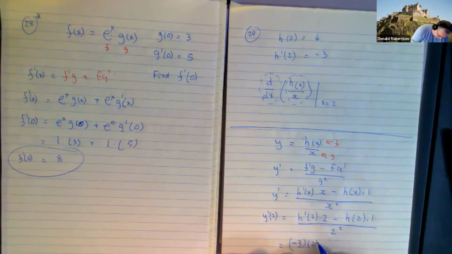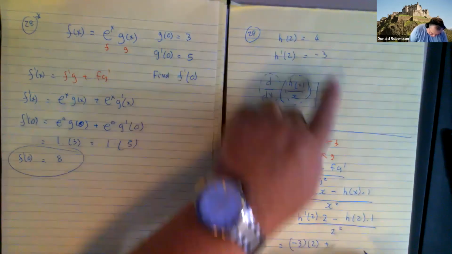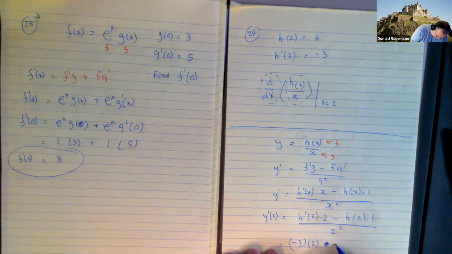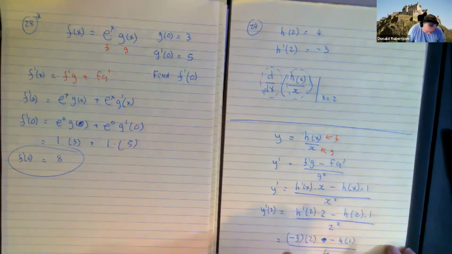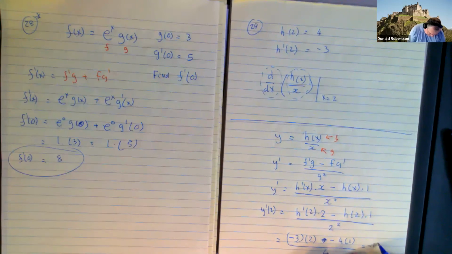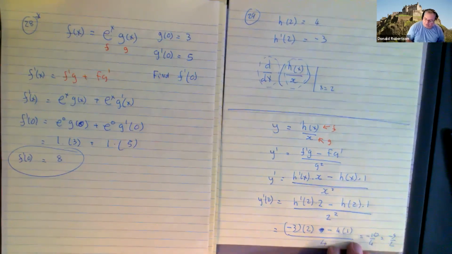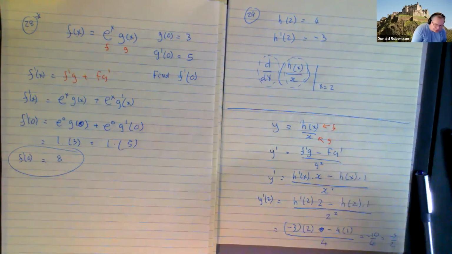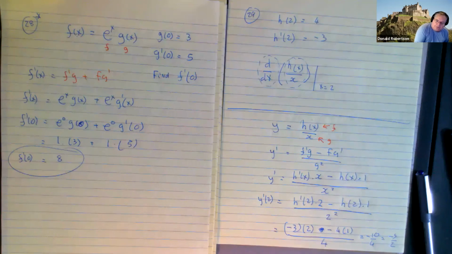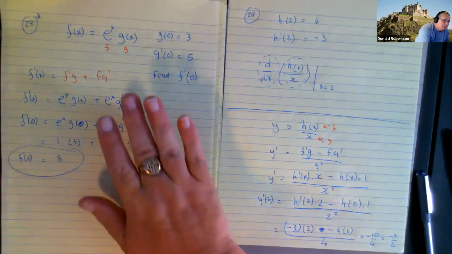So -3 times 2, take away 4 times 1, all over 4. -6, take away 4 is -10. -10 over 4. The answer I get is -5/2. Any questions about that? Or the previous one for that matter?